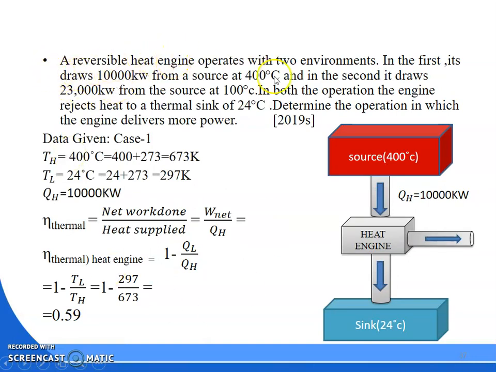A reversible heat engine operates with two environments. In the first, it draws 1000 kilowatt from the source, which means QS is equal to 1000 kilowatt, from the source at 400 degree, that is your TH.